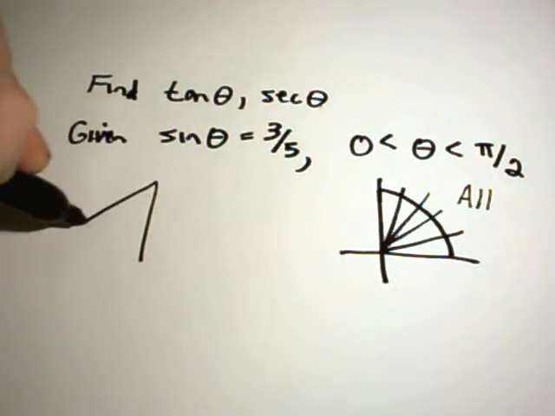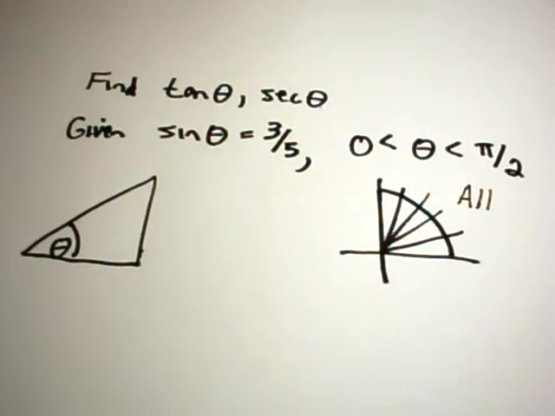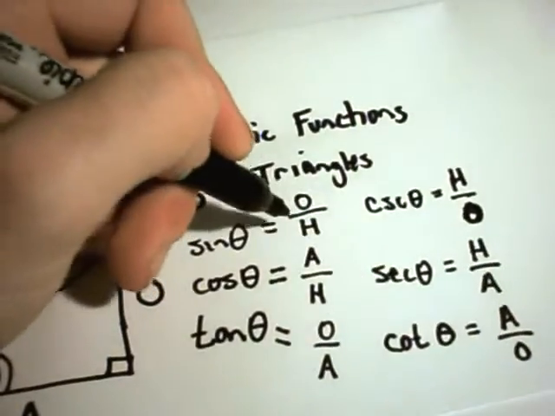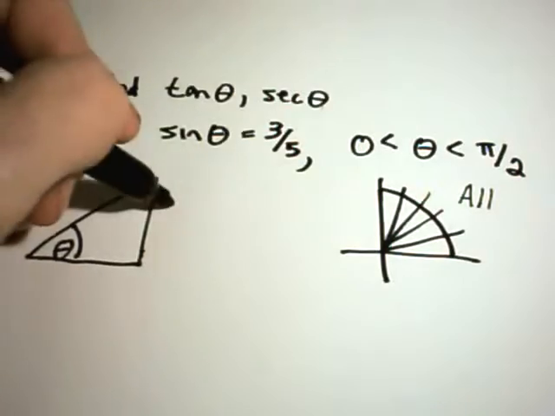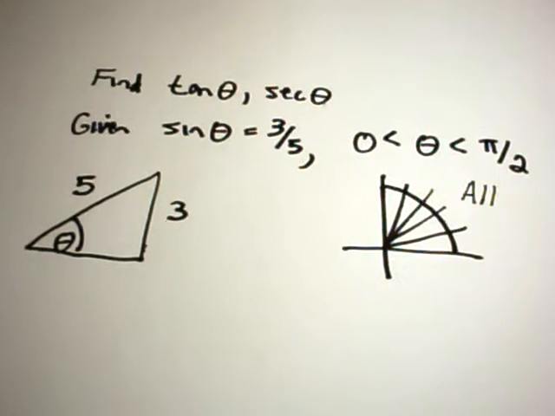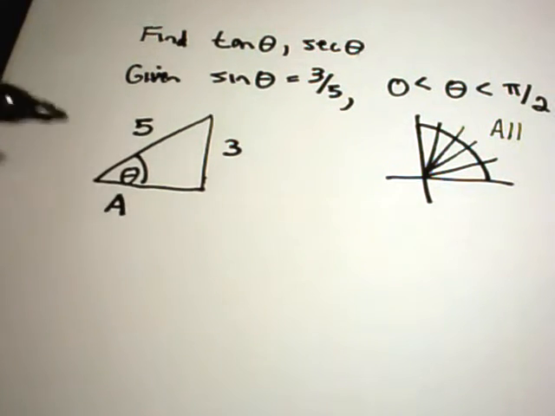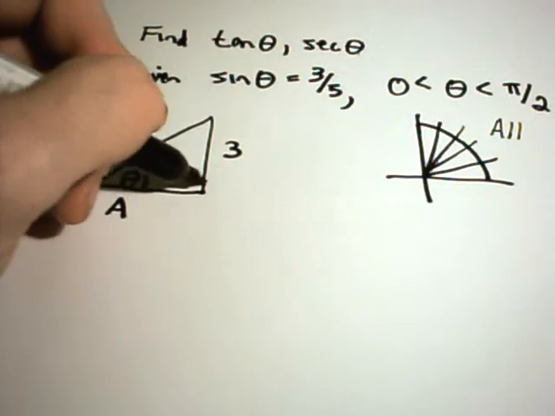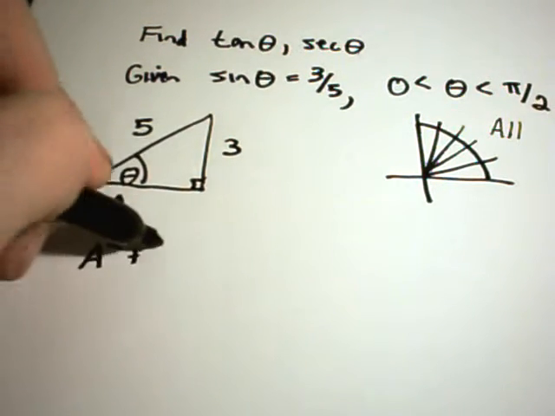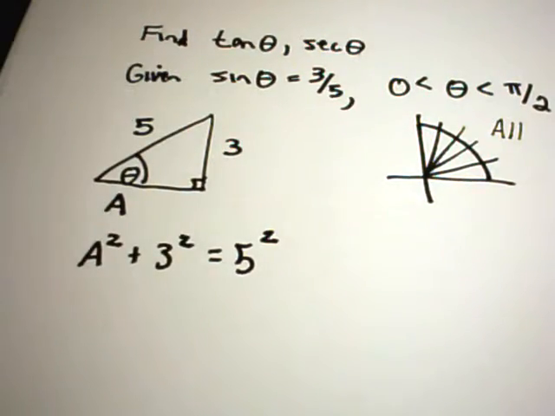But all I do here is just make a little right triangle. So there's theta. Again, sine of theta is defined to be the opposite over the hypotenuse. So that means the opposite side is 3 and the hypotenuse is 5. To figure out the missing side, the adjacent side, remember we can use the Pythagorean theorem, and it says if you take the two shorter sides and square those, that has to equal the longer side squared.